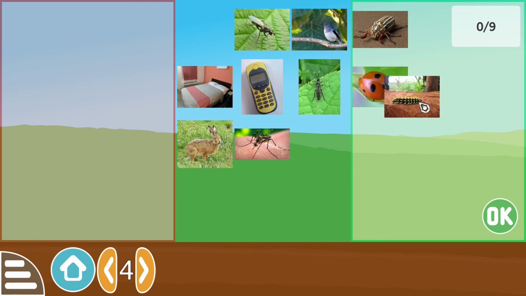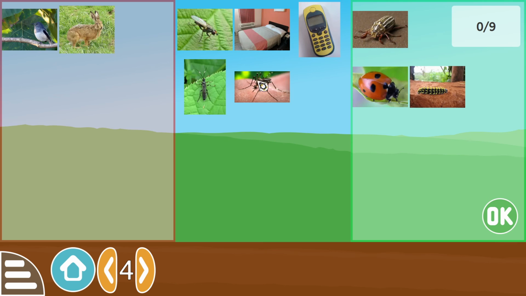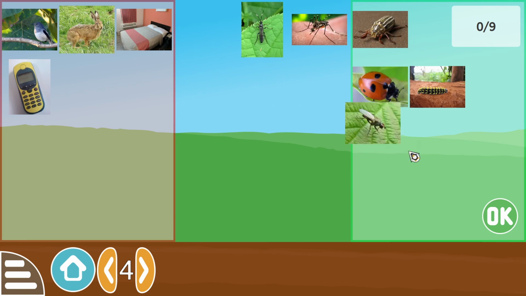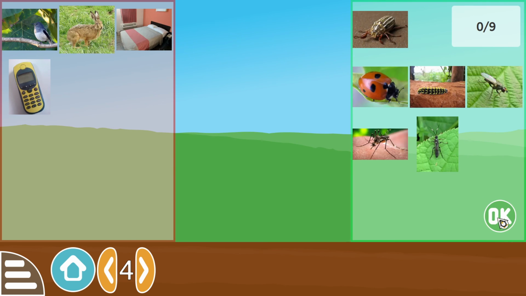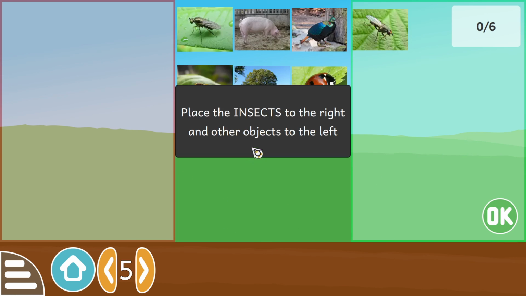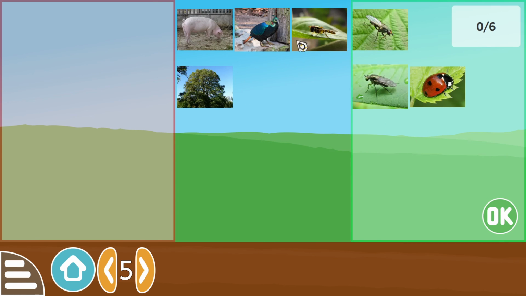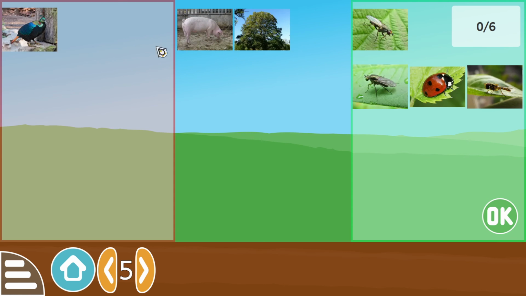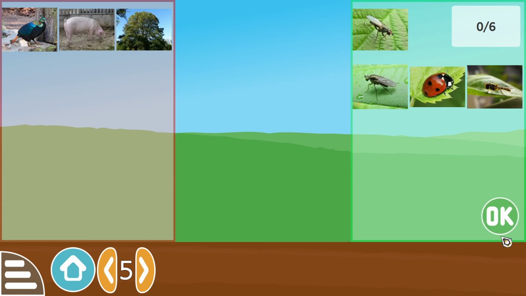Got a beetle, caterpillar, the bird isn't, the rabbit isn't, bed and phone aren't, but the rest of them are. I think that's a fly and mosquito. I'm not too sure what that is. So just got 3 insects there with the beetle. Lyrebird, pig, and tree aren't.